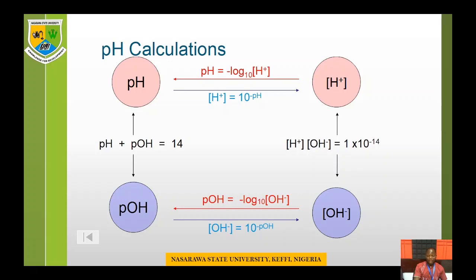Again, pH equals the negative logarithm to base 10 of hydrogen ion concentration, where the hydrogen ion concentration equals 10 raised to the power of negative pH. Then the concentration of hydroxyl ion equals 10 raised to the power of negative pOH.